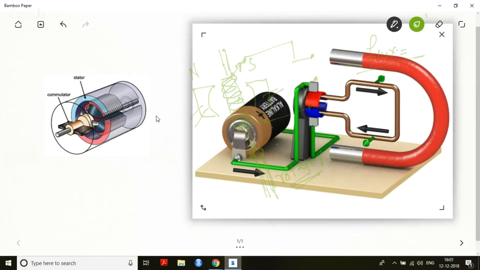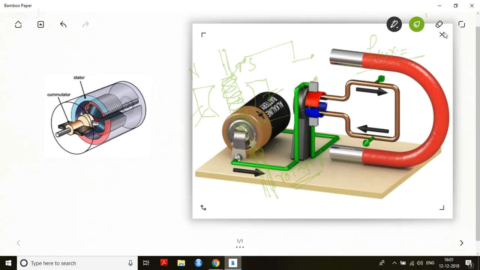Oh, great question. Why is it easier to transmit AC current? So try to understand, Param, whether it is AC current or DC current, it depends on the amount of current which is getting transmitted.